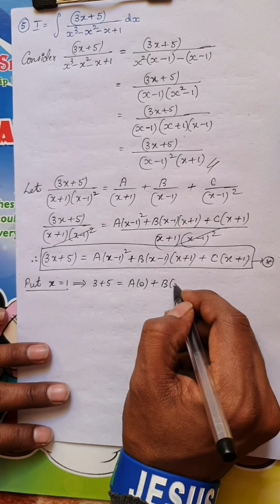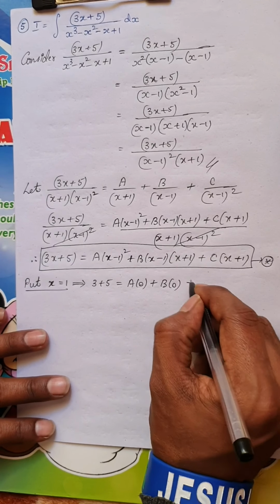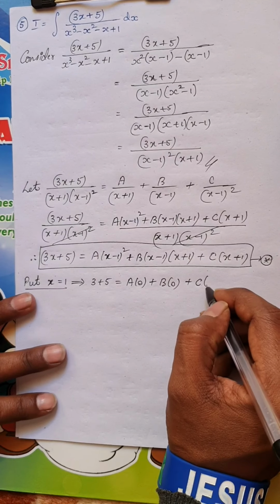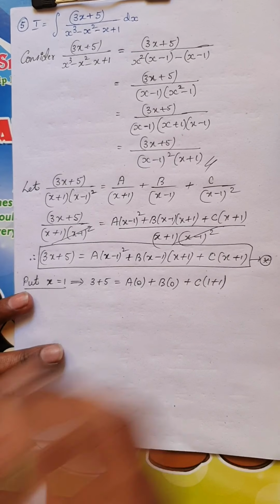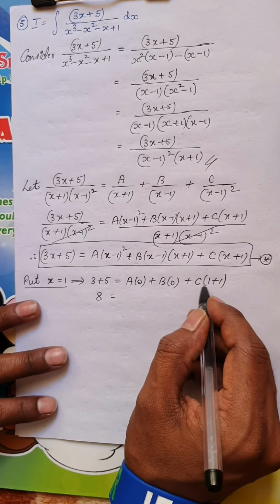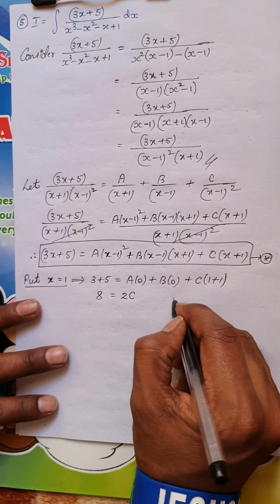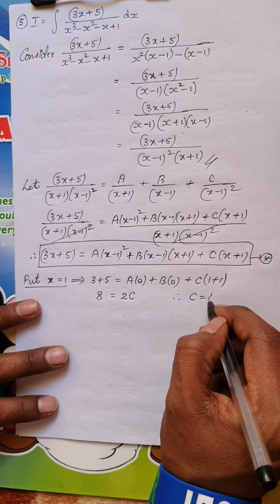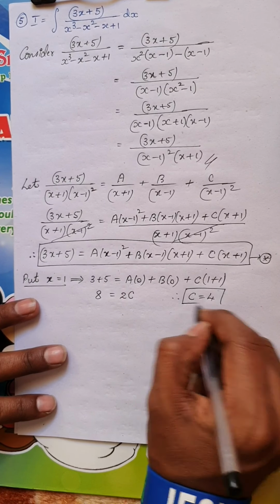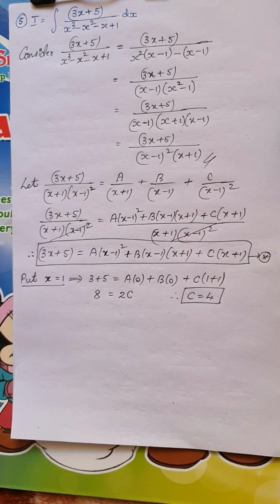Similarly, coefficient of b also will be 0 because 1 minus 1 is 0, plus c into 1 plus 1. Therefore, 5 plus 3, 8 is equal to 1 plus 1 is 2c. Therefore, c will be 8 by 2, that is nothing but 4. Is it clear? Very easily you will get the value of c here.